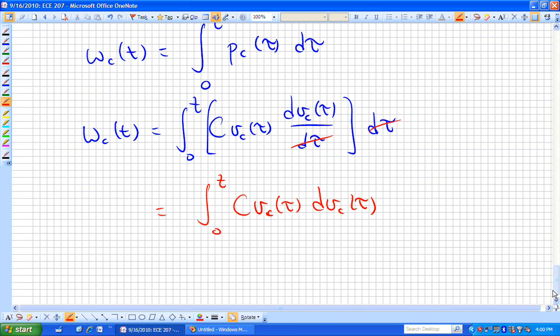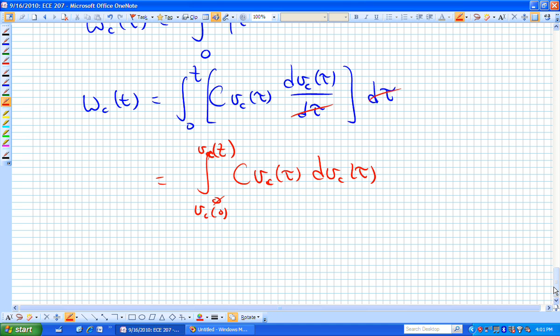And maybe we could say, now that we're integrating with respect to V, maybe we should change this to V sub C of 0, and this is now V sub C of t. We're going to integrate from the beginning value of our capacitor voltage up through the final value of our capacitor voltage. And that's going to give us what happens when we do the integral of x dx.